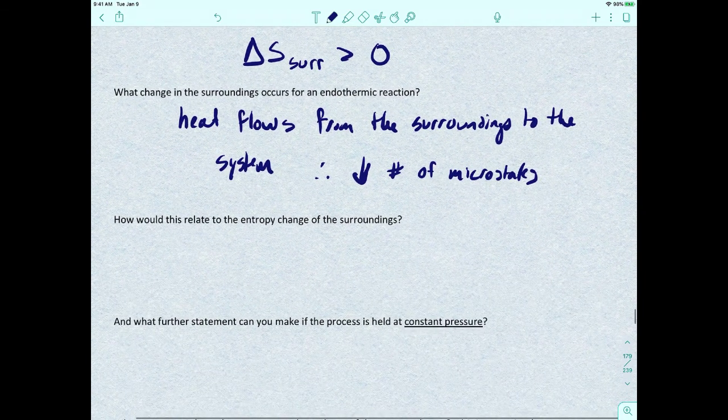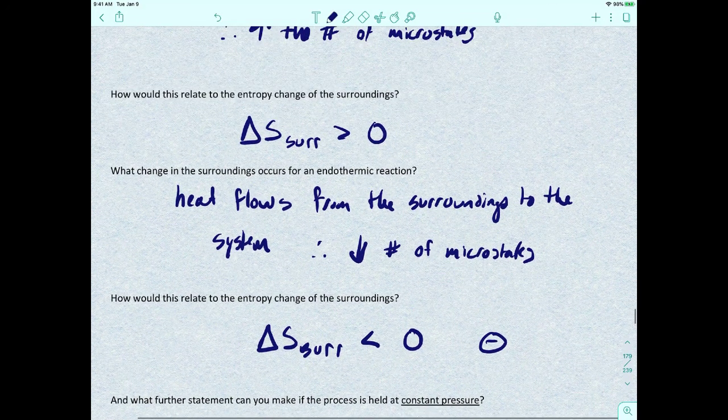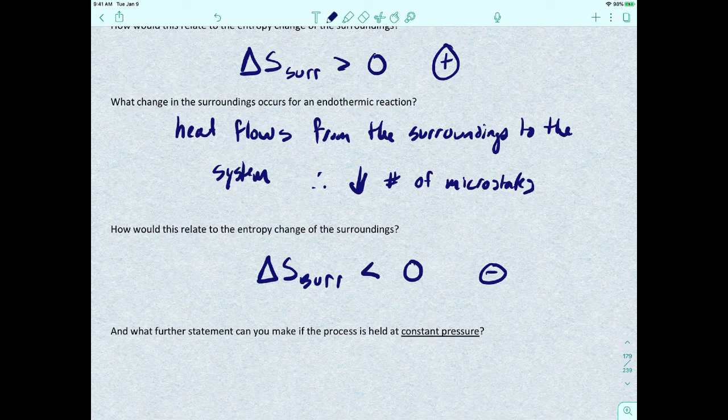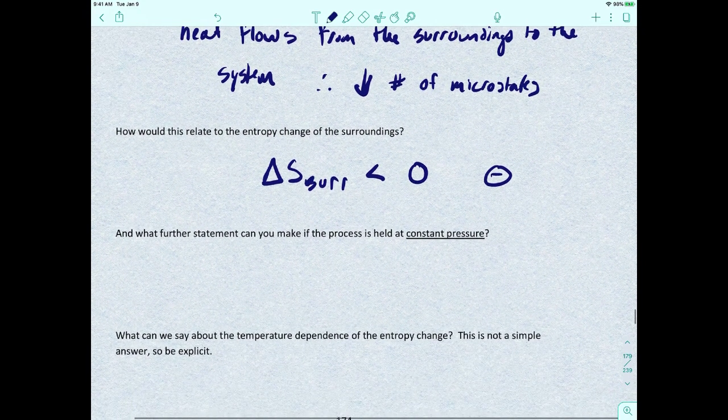Now, how would this relate to the change in entropy of the surroundings? The change in entropy of the surroundings would have to be less than 0, so we're going to see this be a negative number. So for an exothermic reaction, where we're increasing the number of microstates, heat is flowing from the system to the surroundings, that should give us a positive value. And if the heat is flowing from the surroundings to the system, it's going to be a negative value.